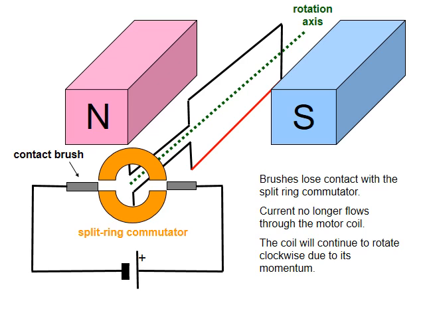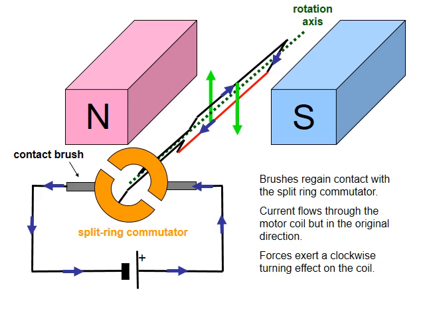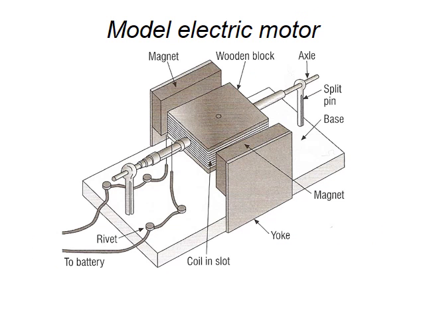Again, in the completely vertical stage, the brushes lose contact with the split ring commutator. Current no longer flows through the motor coil. But again, the coil will continue to rotate clockwise due to the fact that it has momentum. It wants to keep on moving because it takes an external force to stop that movement. And again, we continue on, and it goes on again.